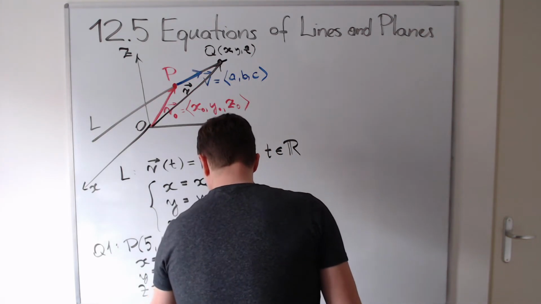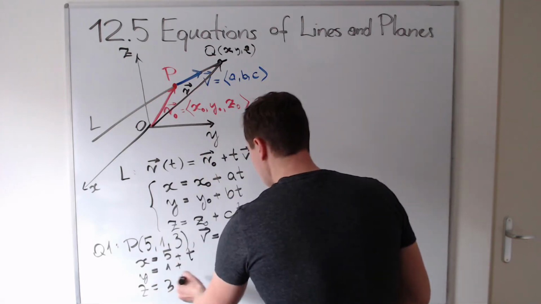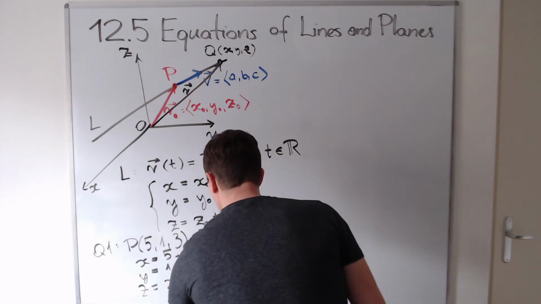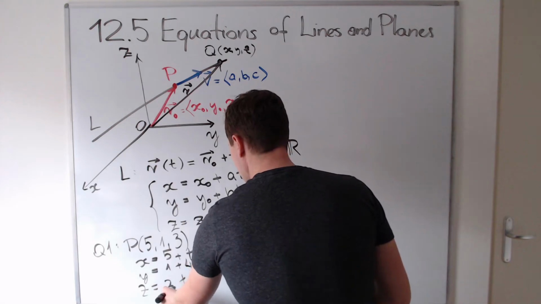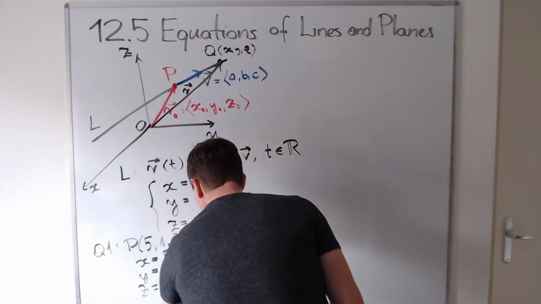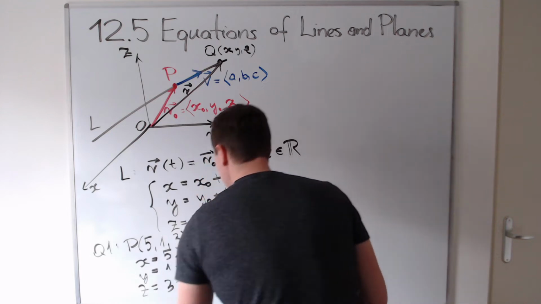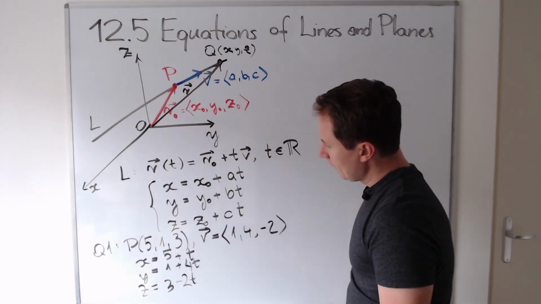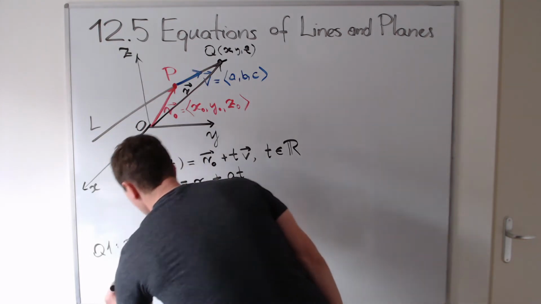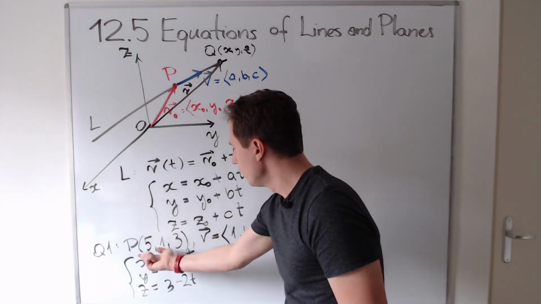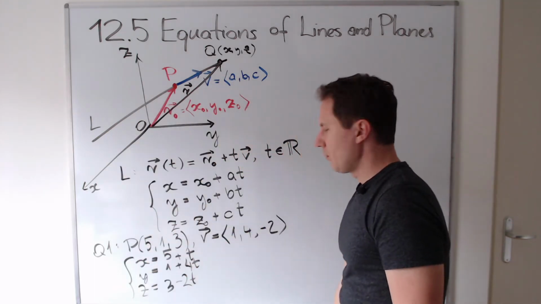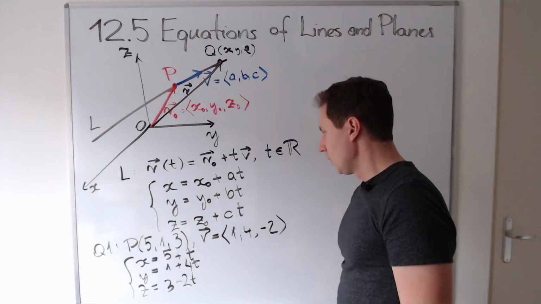So that's 5 plus 1t, 1 plus 4t, and 3 plus minus 2t, so that I could even write as 3 minus 2t. Okay, so this would be an equation for the line that passes through that point in the direction of the vector v.